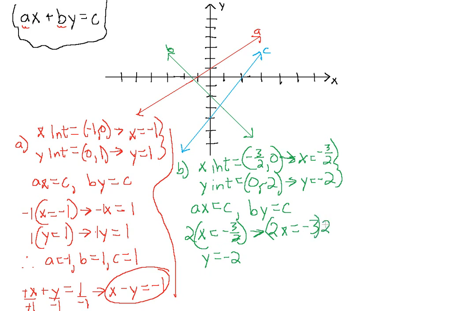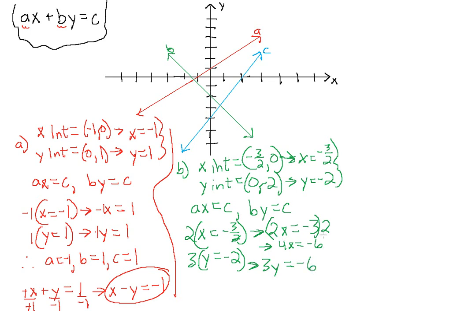Multiplying both sides by 2, we get 4x equals minus 6. And let's multiply our y equation by 3. That'll give us 3y equals 3 times minus 2, which is minus 6.